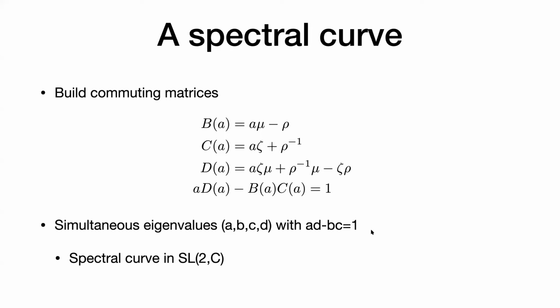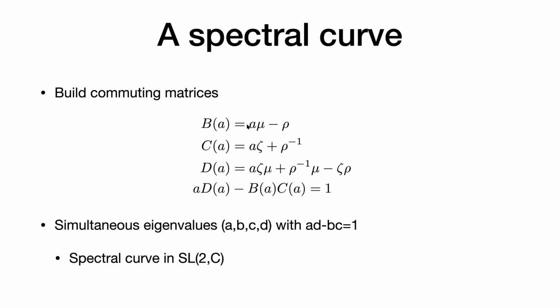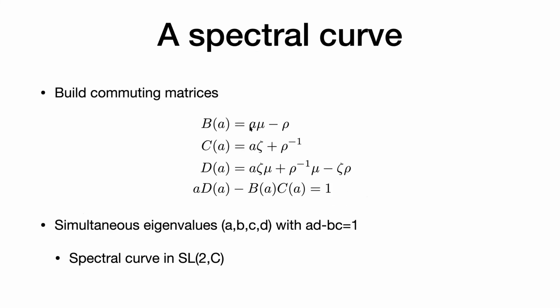Could this be the D-brane we're looking for? So we did several tests. First of all, at large A, it has the correct asymptotic shape to represent the insertions of determinants. It's actually quite easy to study the large A behavior.